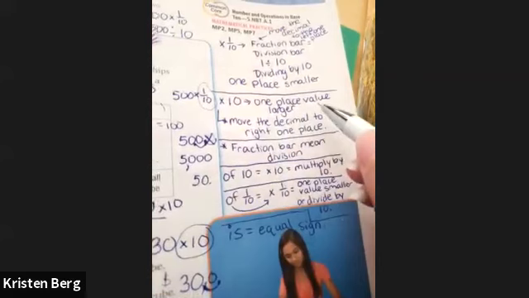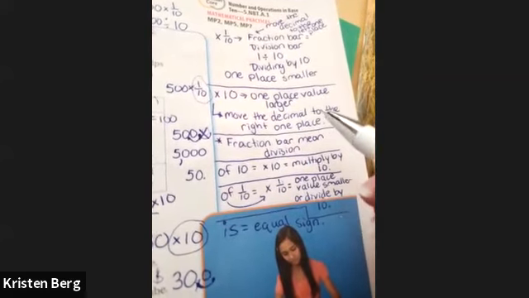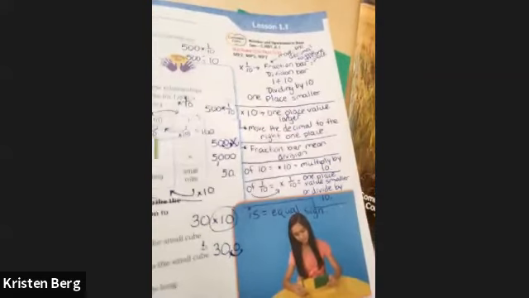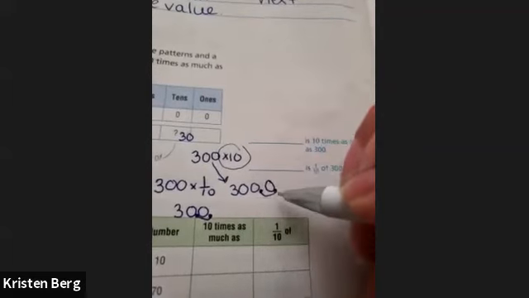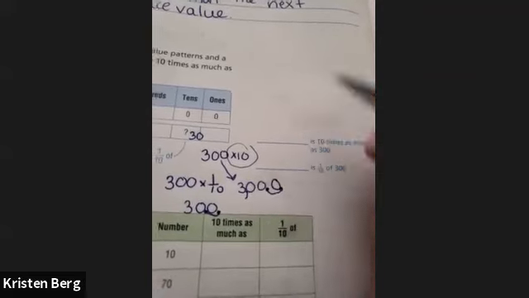And when it says 10 times, you are making your place value bigger by 1, or just moving the decimal to the right one place. So I'm going to move it to the right one place. So if I took 300 and times it by 10, now I just made it larger by one place, just adding a 0. So it is now 3,000.